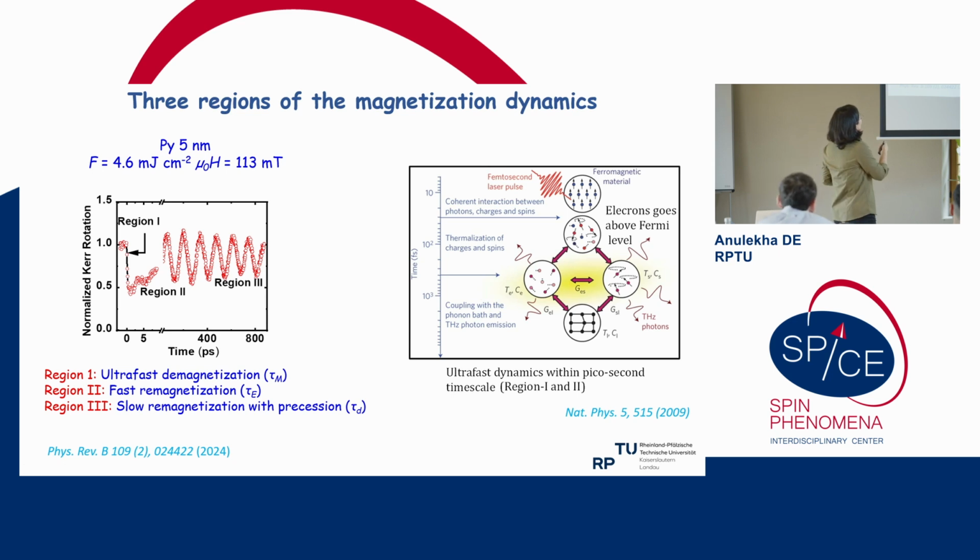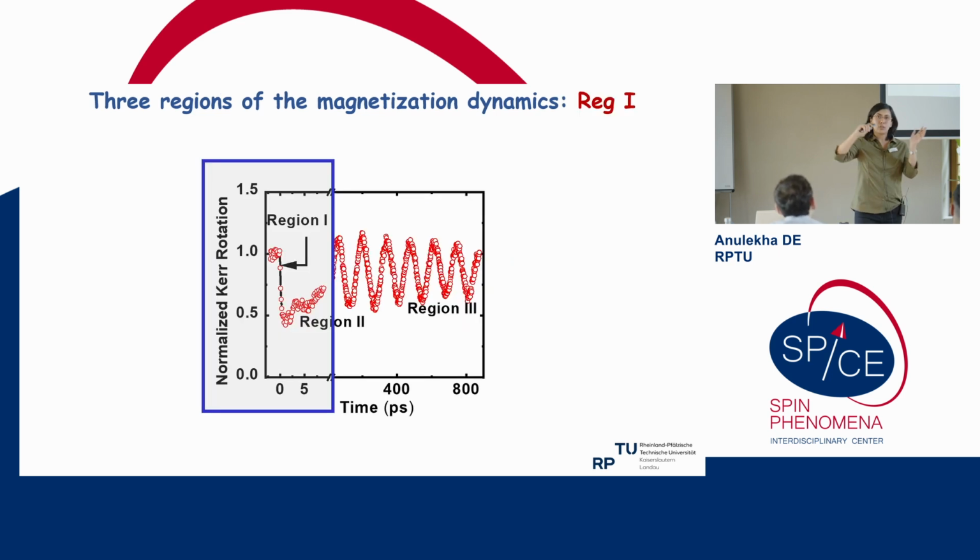Then there is region 2, the fast remagnetization due to the dissipation of heat to the lattice. And then we have the second or slow remagnetization superimposed with a precession, which occurs within hundreds of picoseconds. I will discuss these 3 different regimes separately.